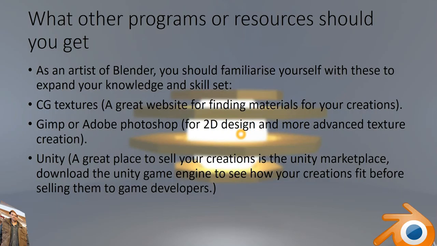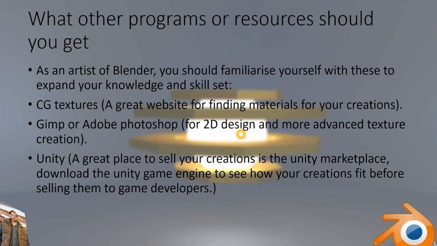The first thing that I recommend is going to a website called CG Textures. This is a fantastic website if you want to find a place where you can download a good quality texture for absolutely nothing. So you don't have to hand paint the texture yourself, and you don't have to download it for £2, £3, £4, whatever.